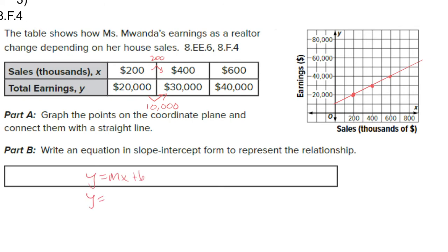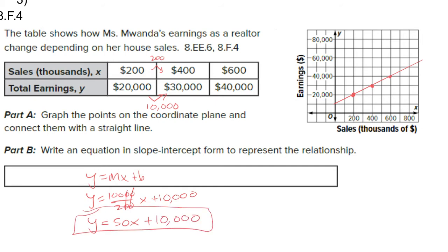That'd be y equals the slope, which is 10,000 over 200, x plus the y-intercept. It looks like it hits right over here at 10,000. We can simplify 10,000 over 200 to be 100 divided by 2. So it'd be y equals 50x plus 10,000. And that would be the answer right there.